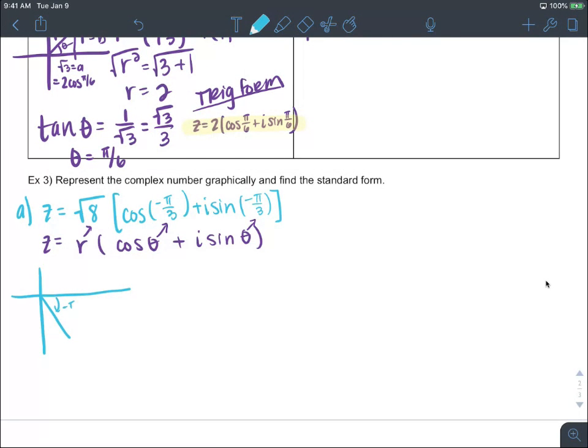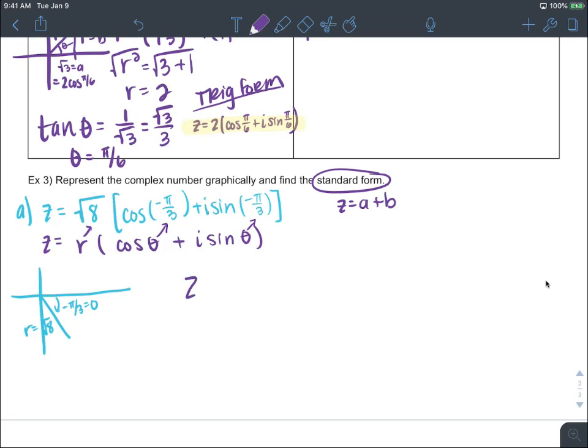So negative pi over 3 is equal to theta. And then my r is equal to the square root of 8. So if I want to figure out what my standard form is, which is z is equal to a plus bi, I really just need to evaluate this.